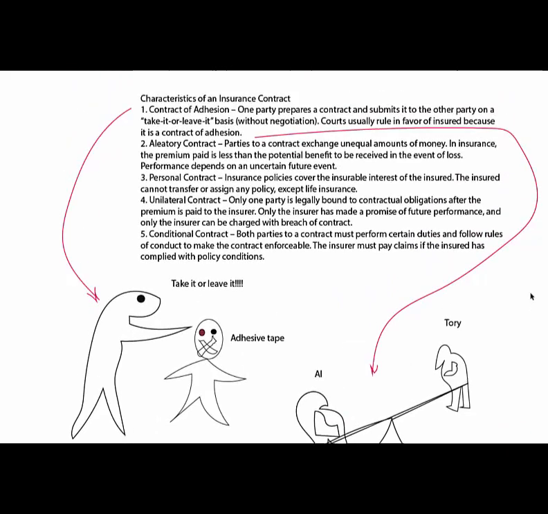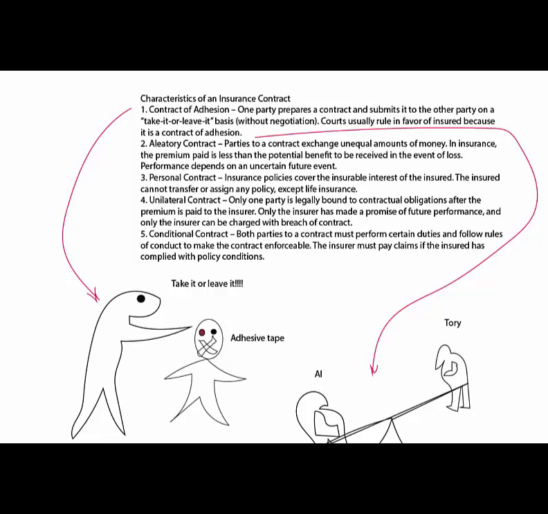And now we have the personal contract. It's personal in the sense that you can't transfer it to another person, except with something like life insurance, and in very few cases that need approval of the insurer in order to assign it to someone else. And they are unilateral contracts.